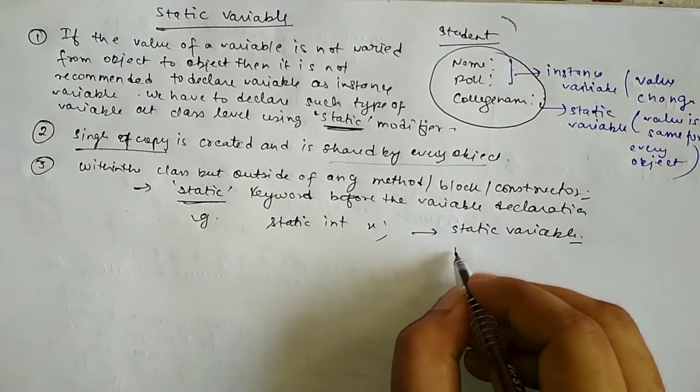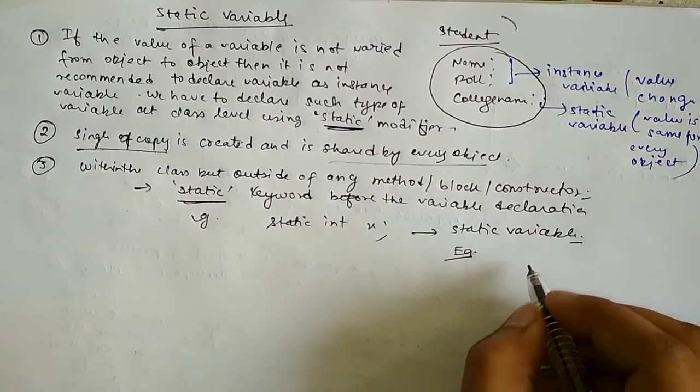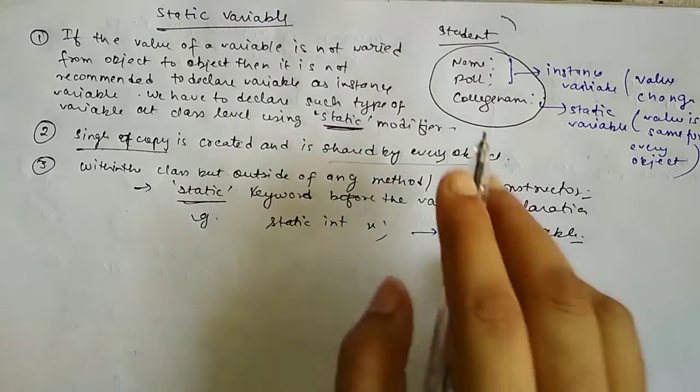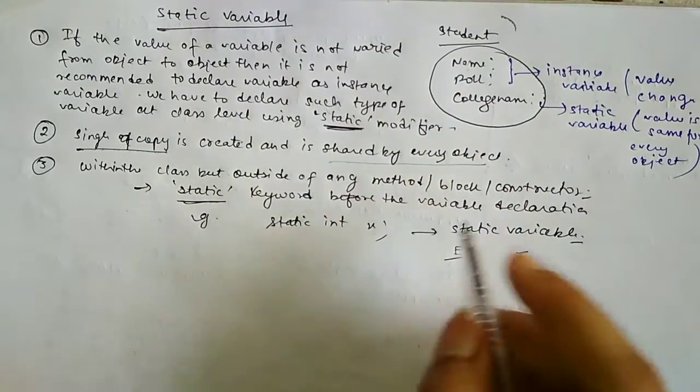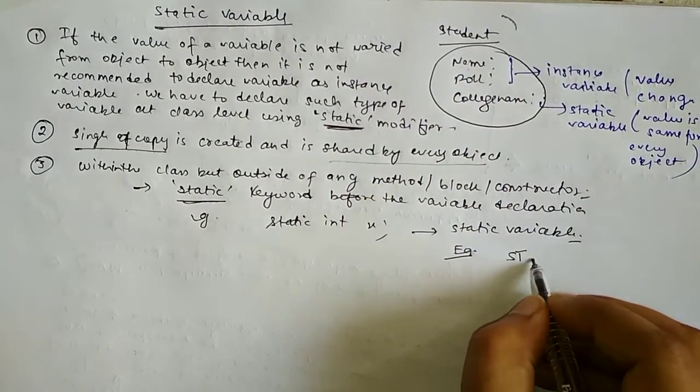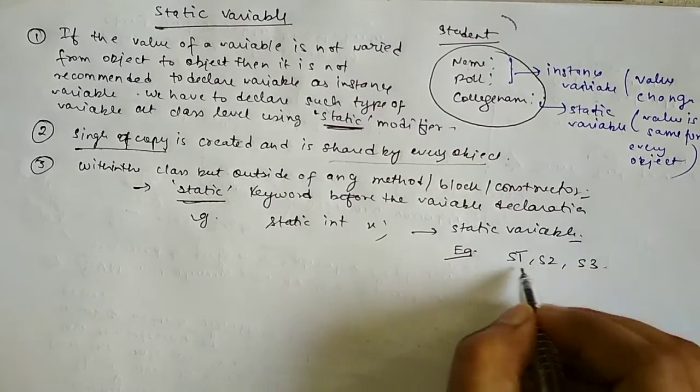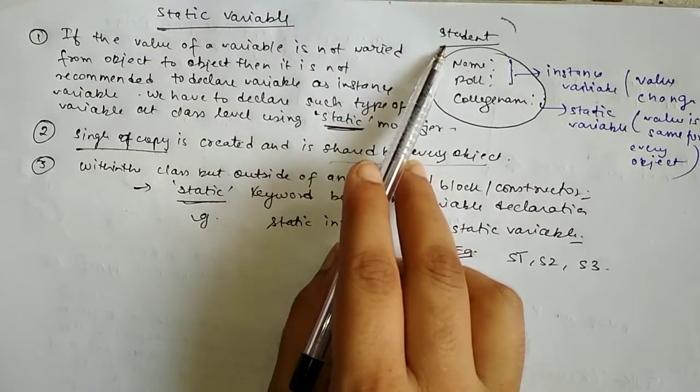Suppose, let's take an example. Suppose we have a class Student, and we create S1, S2 and S3, three objects of this class Student.